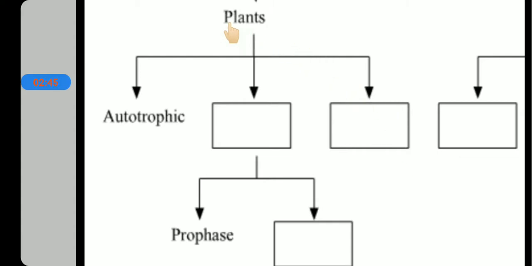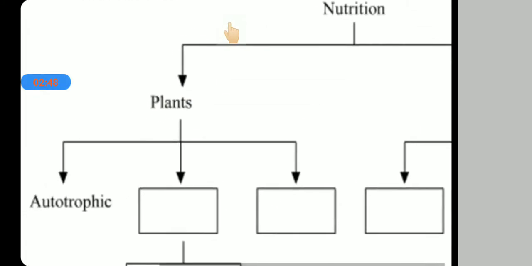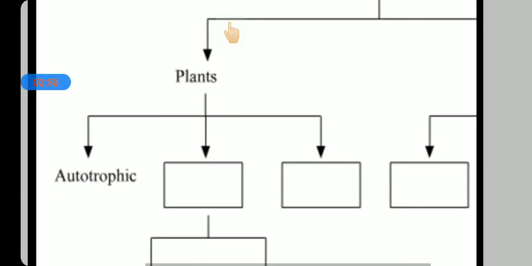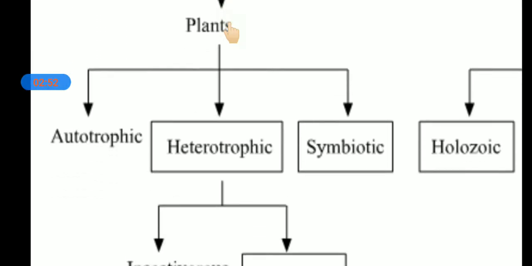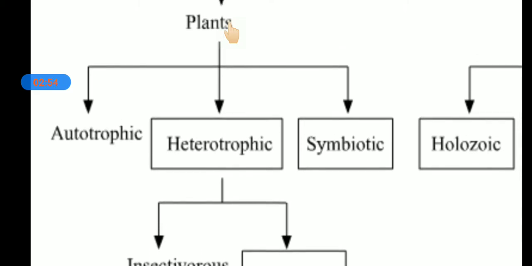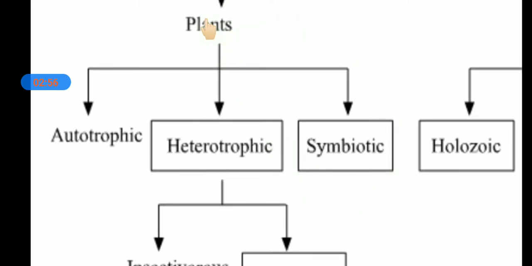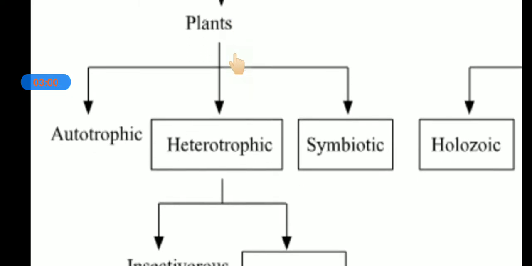Plants are categorized into three main types.